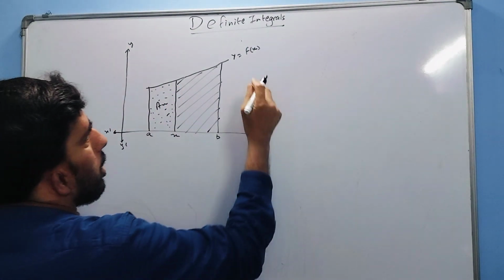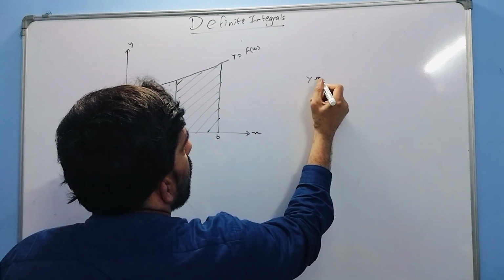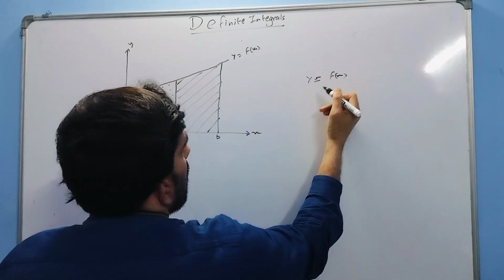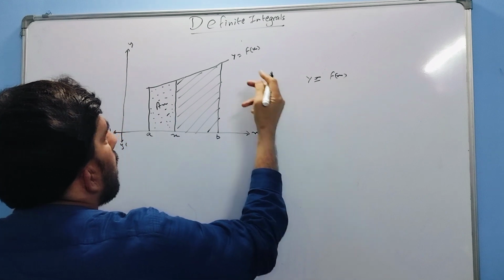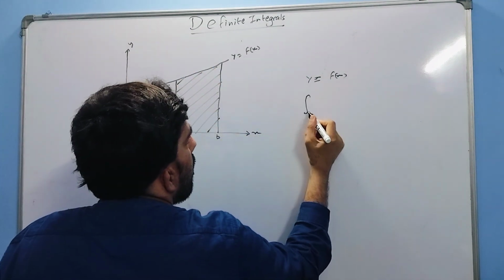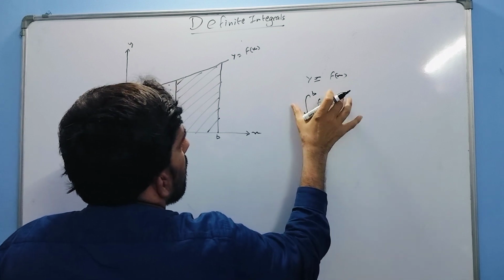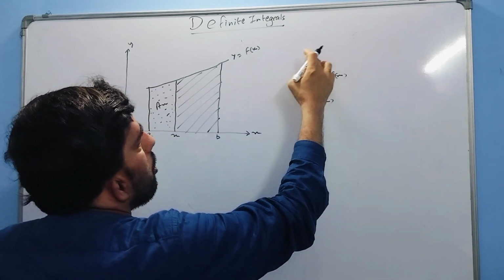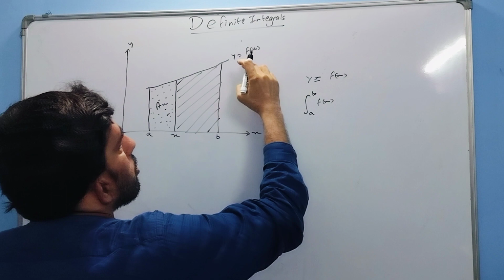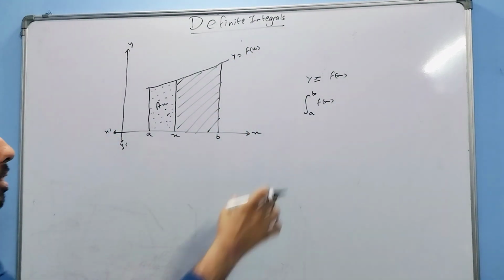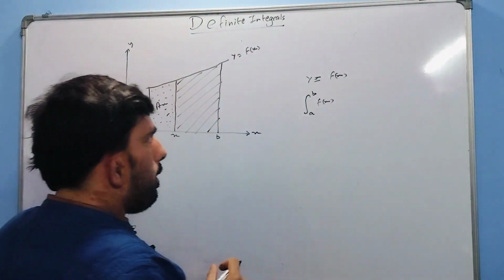Now we have the curve y is equal to f(x). Okay, that is the area. If I say this area is bounded by the curve y is equal to f(x), so this represents the area.